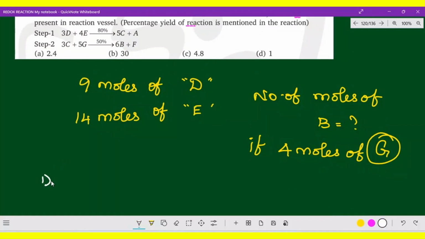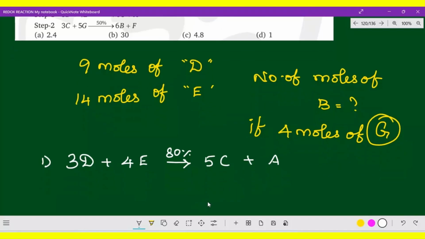The first equation: 3 moles of D combined with 4 moles of E at 80% gives 5 moles of C plus 1 mole of A. Equation 2: 3 moles of C plus 5 moles of G at 50% gives 6 moles of B plus F.